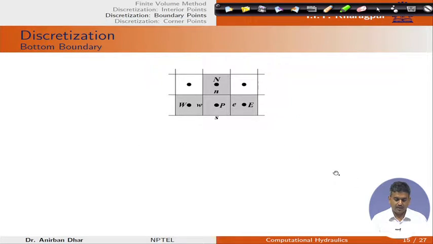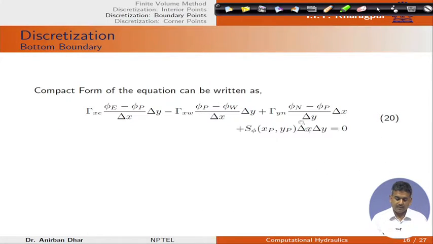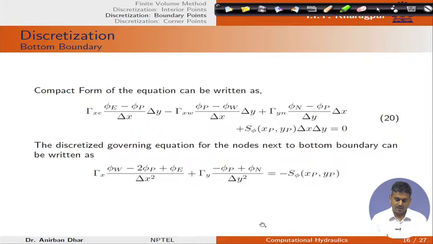Bottom boundary we need to change, we need to write this one as 0, because south face we do not have any value. So, without that derivative we can write our governing equation, and only change is here, and there is no phi s term.